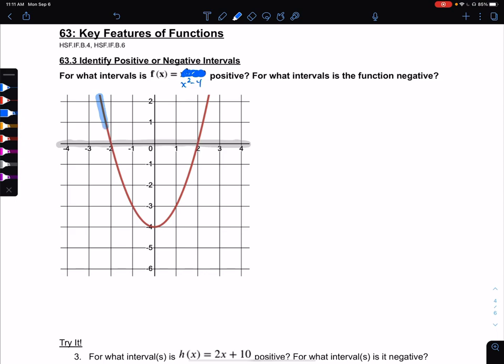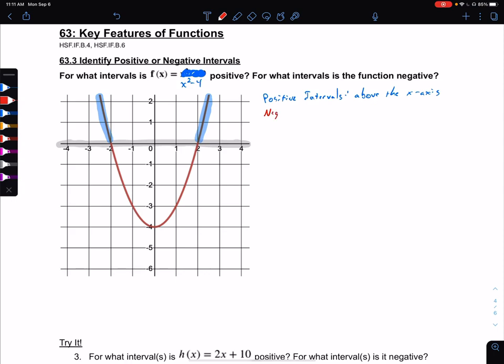This portion of the graph right here is above the x-axis, and this portion is also above the x-axis. So positive intervals are above the x-axis, when y is positive.